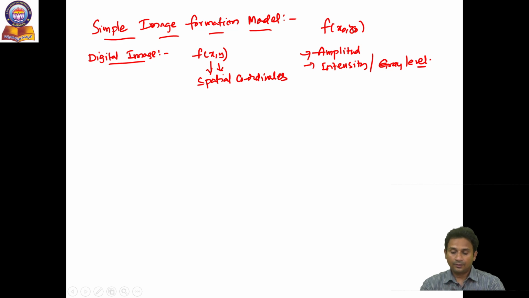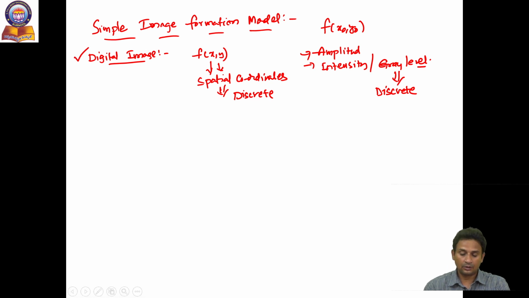If the spatial coordinates are discrete and the gray level values are also discrete, then the image is called a digital image. So this is how we have defined a digital image.